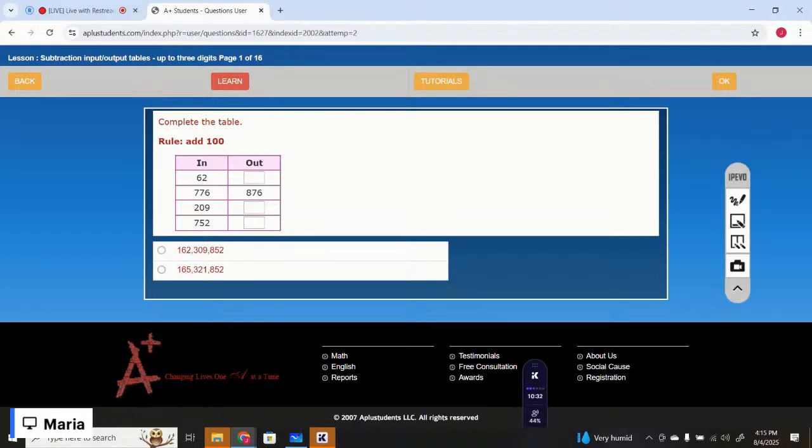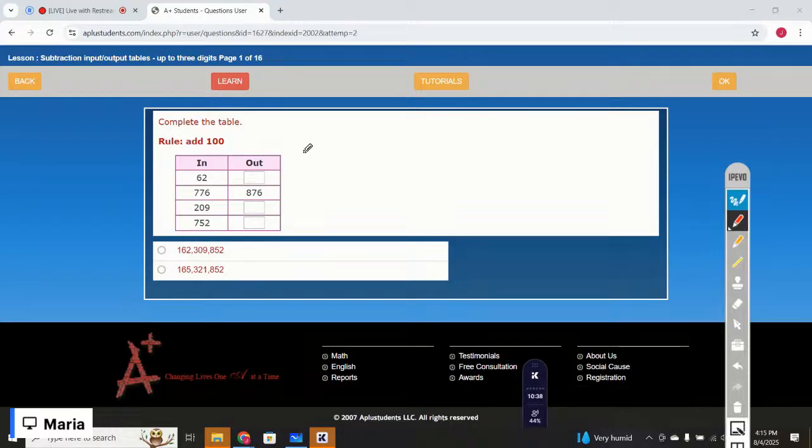So let's just add 62 plus 100 equals 162. 209 plus 100 is 309 and 752 plus 100 is 852. Option number 1 is the correct option.